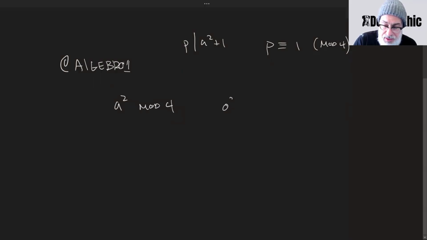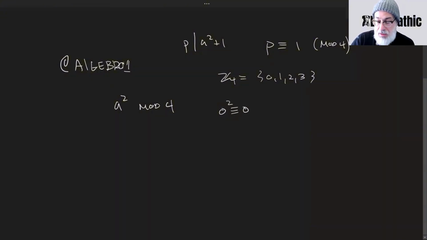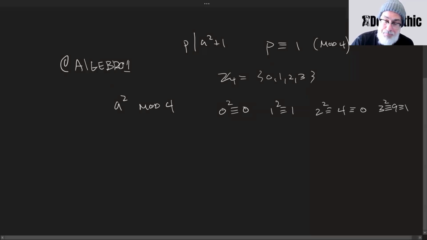Z mod 4 is 0, 1, 2, 3, so it's finite and small. So we can say 0 squared is congruent to 0, 1 squared is congruent to 1, 2 squared is congruent to 4, which is just 0, and 3 squared is congruent to 9, which is 1.